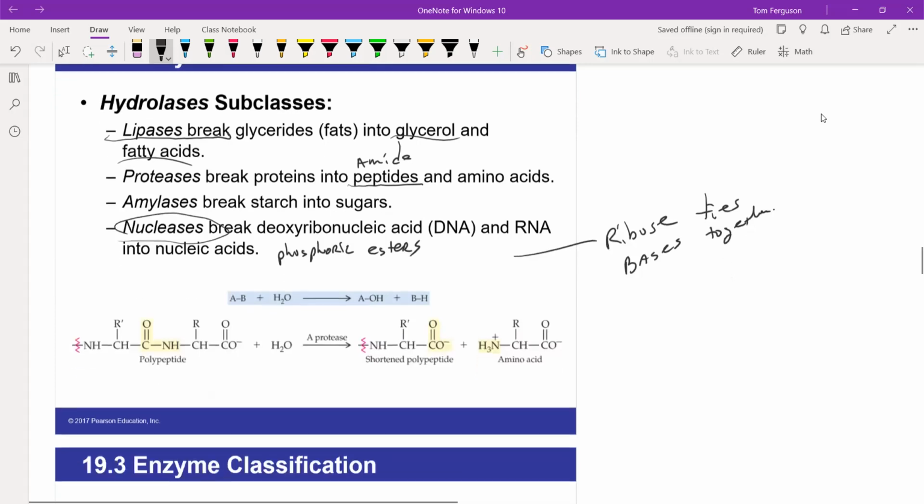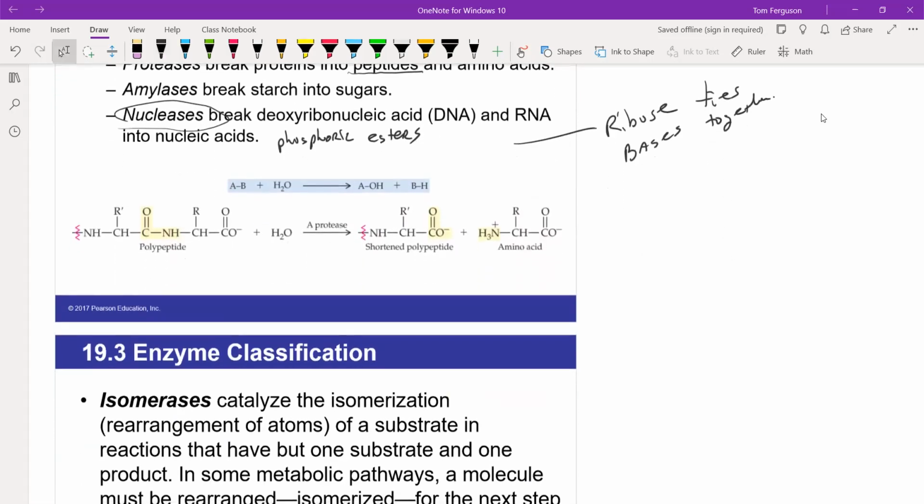So for example, if we have a polypeptide here, and this is the acid end, or the C-terminal end. We put this in the presence of a protease in water.